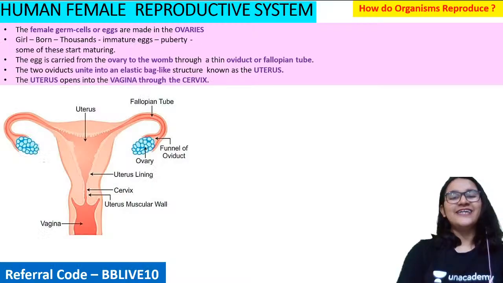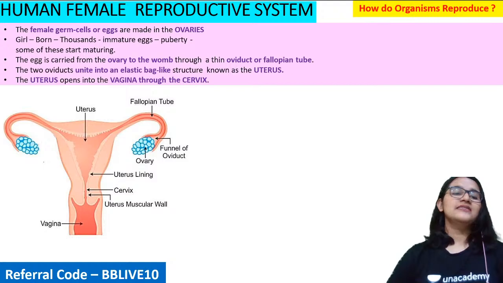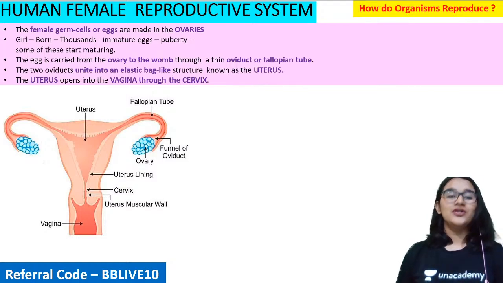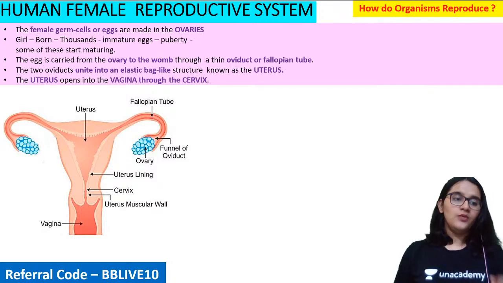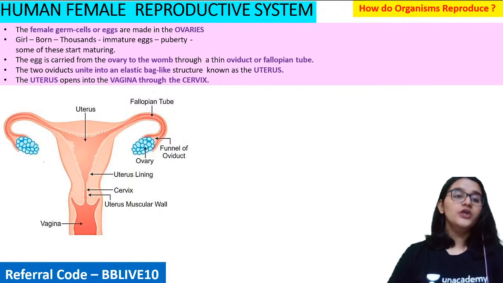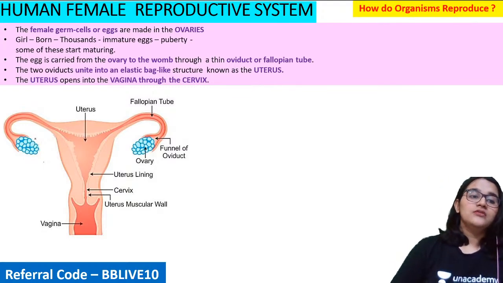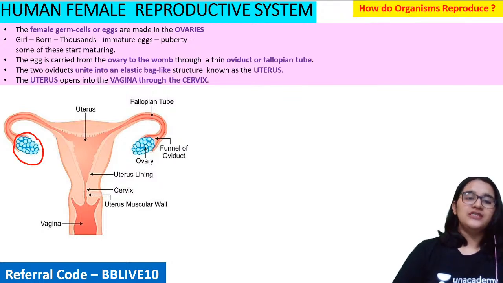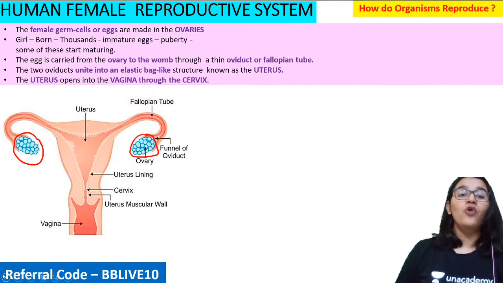So let's get started. The diagram that you see on the left hand side is how the reproductive system looks. Now what is it made up of? Any system that we have has organs coming together to form an organ system. Over here, you have two oval structures at the very corner, which are called the ovary.